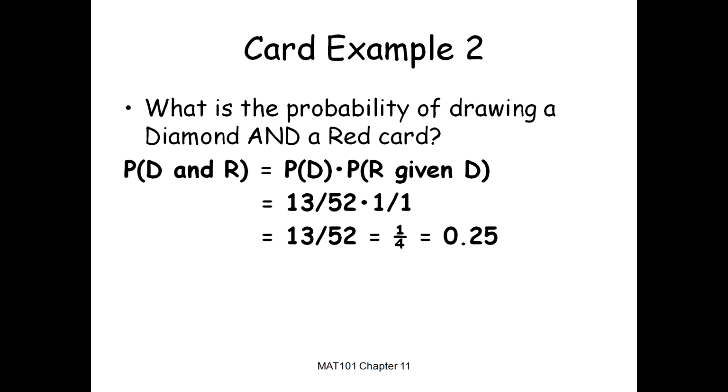The probability of getting a red card if you've already drawn a diamond is 1 out of 1 because diamonds are red. So the probability here is 13 out of 52, which turns into 1 over 4, or 0.25.